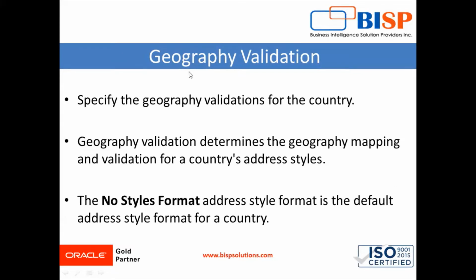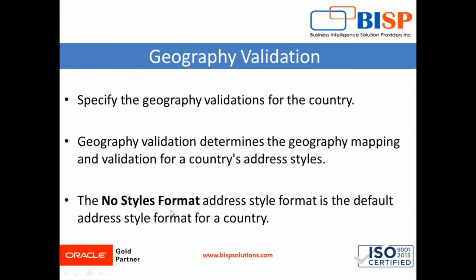Next is geography validation. After defining the geography hierarchy, you need to specify the geography validation for the country. Geography validation determines the geography mapping and validation for each country address style, as well as overall geography validation control for a country.